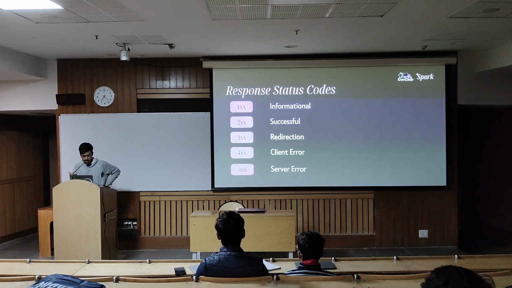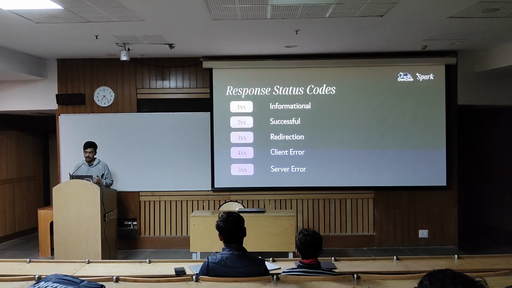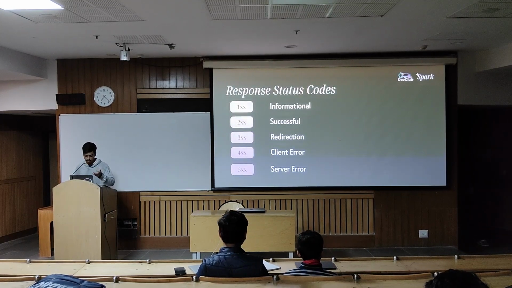There are many status codes out there. A few main ones: the 200 series indicate successful responses, like 200 OK, 201 Created, etc. The 400 status codes indicate that there is some error in the request the client sent, for example, 404 Not Found. There are many other status codes. You can look at them later.